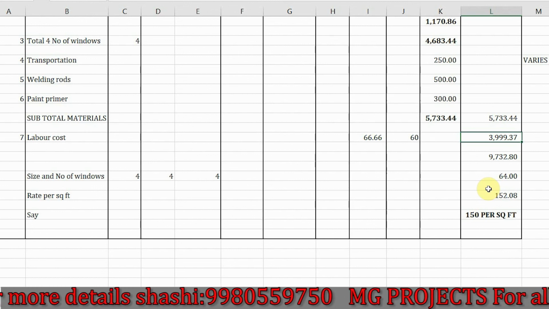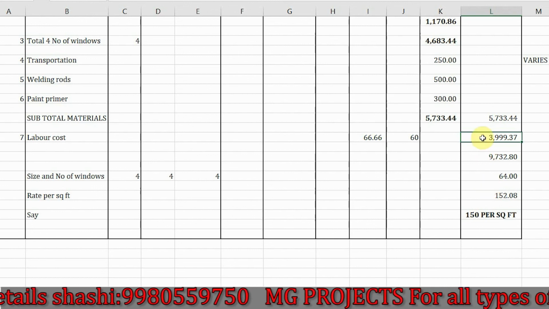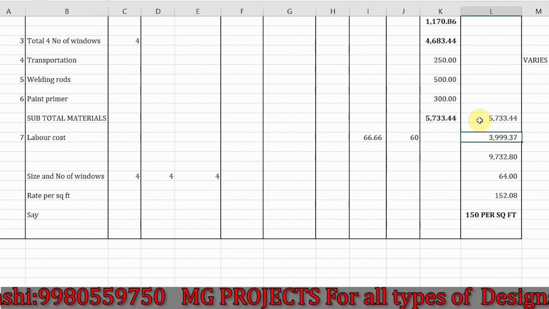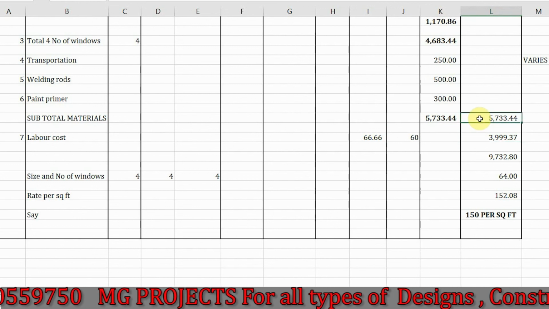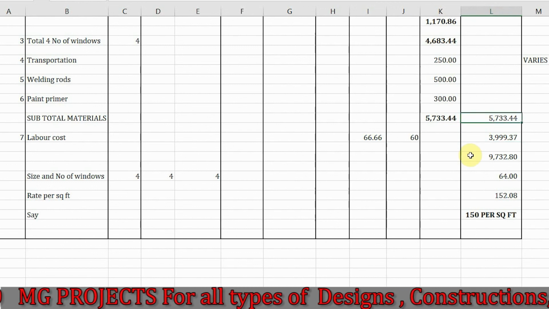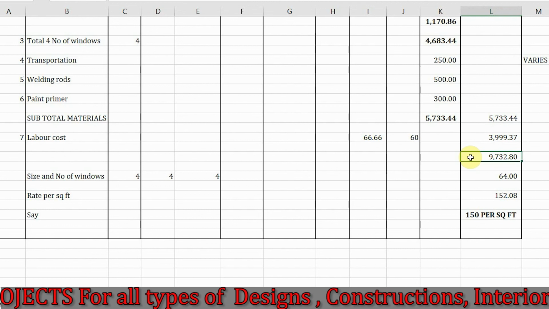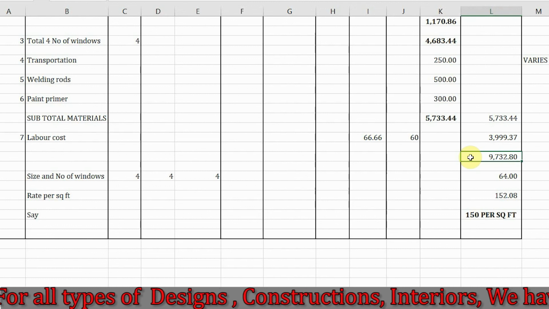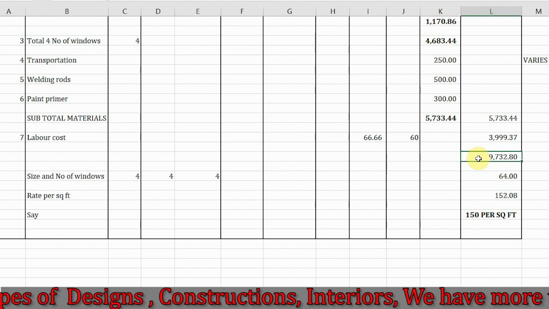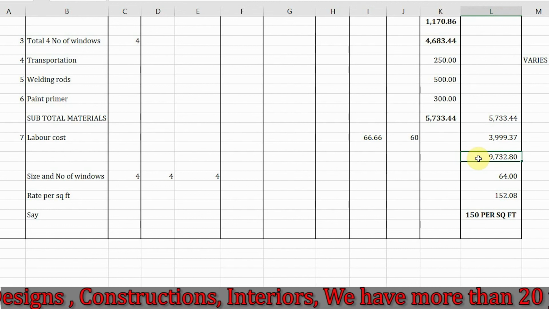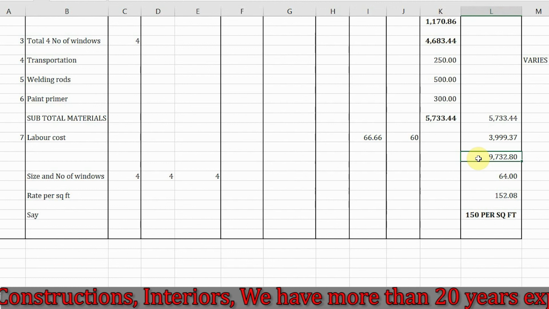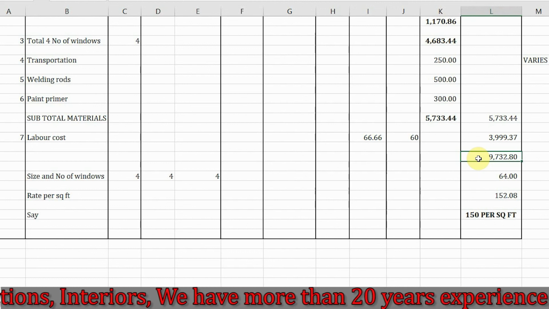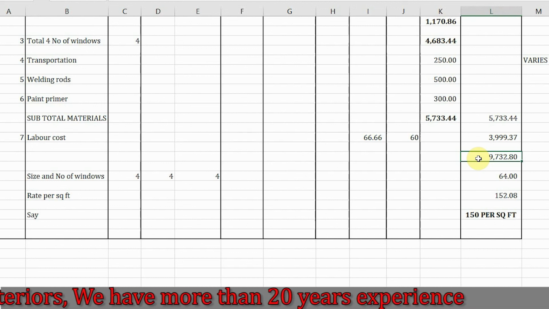So my labor cost is 4,000 rupees and my material cost is 5,733 rupees. The total amount is 9,733 rupees. Now this is the total amount required to make 4 windows of 4 feet by 4 feet size.